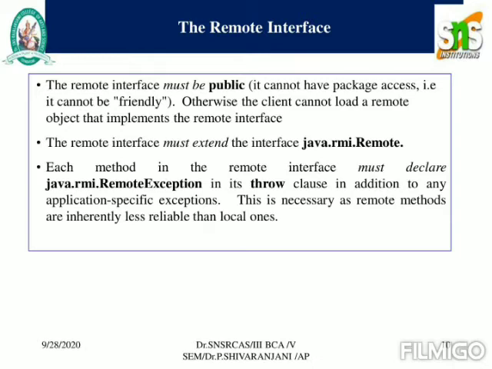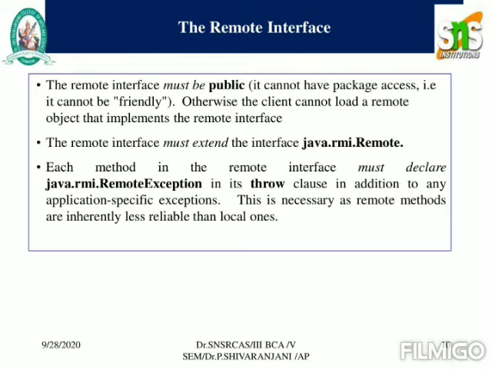The remote interface must extend the interface called java.rmi.Remote. Each method in the remote interface must be declared to throw java.rmi.RemoteException, in addition to any application specific exceptions. This is necessary as remote methods are inherently less reliable than local ones.